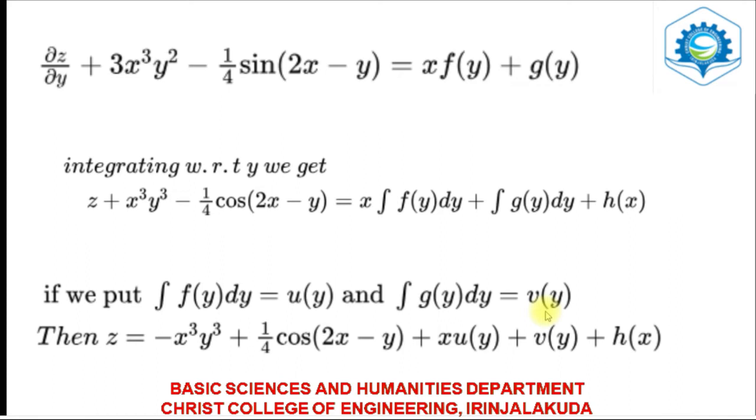Note that here u, v and h are arbitrary functions. Note that actually the given equation was of order 3. Therefore, now we have 3 arbitrary functions in our solution, and that is the required solution for the given equation.